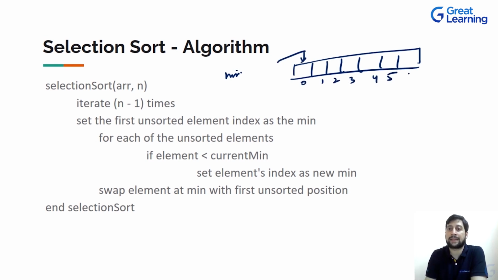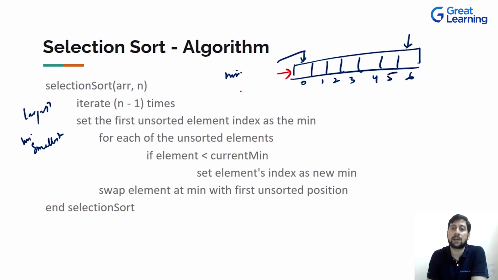I told you, when we talked about what is selection sort, that we can have two cases: either you can pick the largest element and fix its position at the end, or you can pick the minimum element, that is the smallest element. In this case we will be dealing with the smallest element. Now this is our minimum index.